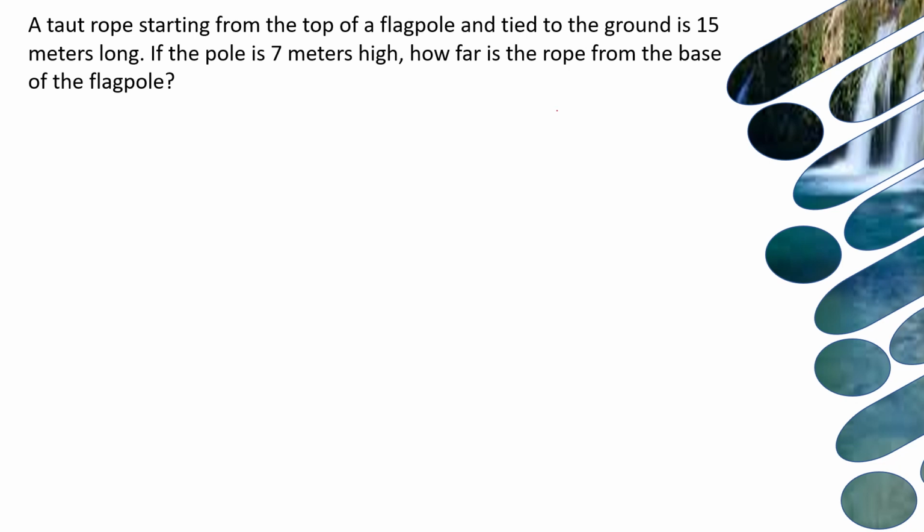So if there's a flagpole, let's have the figure first. And from the top of the flagpole, there's a taut rope which is 15 meters long, and the flagpole is 7 meters high.